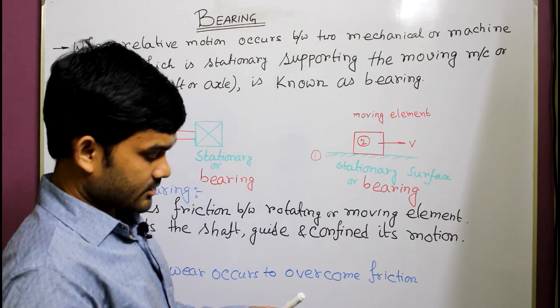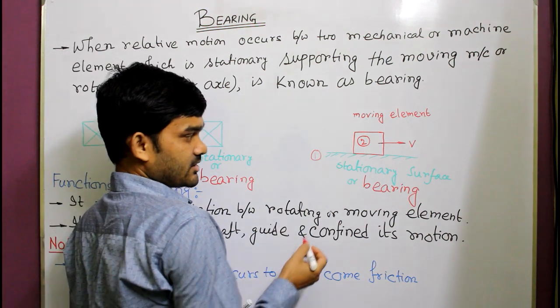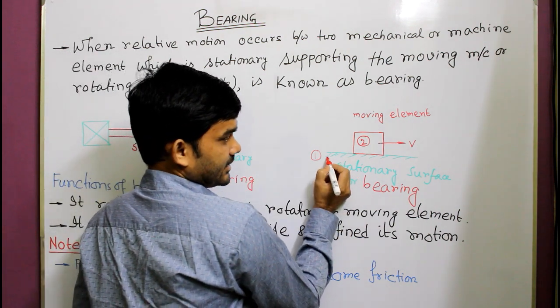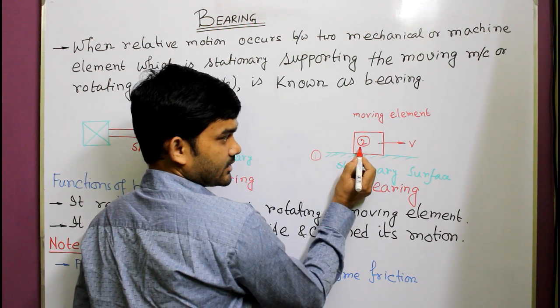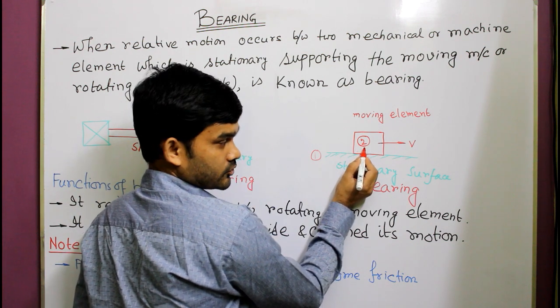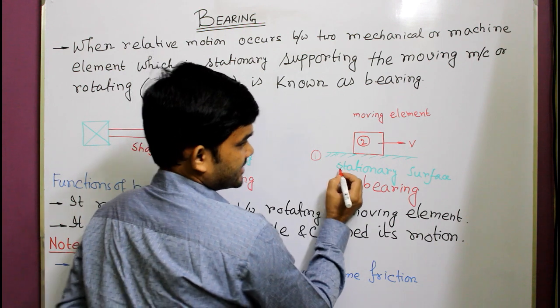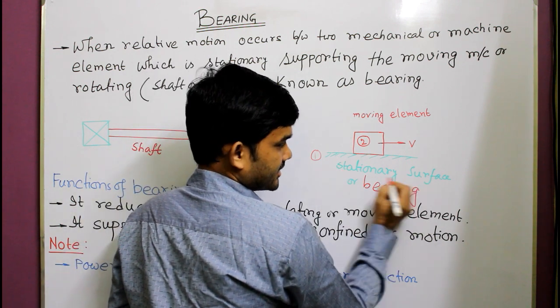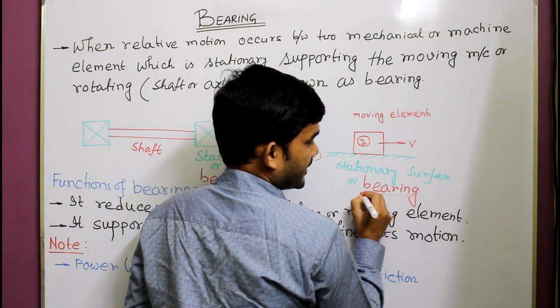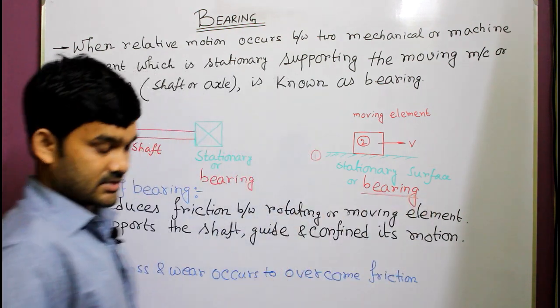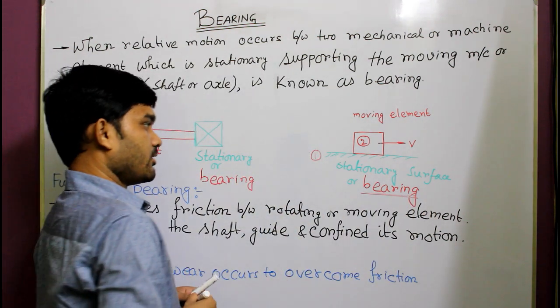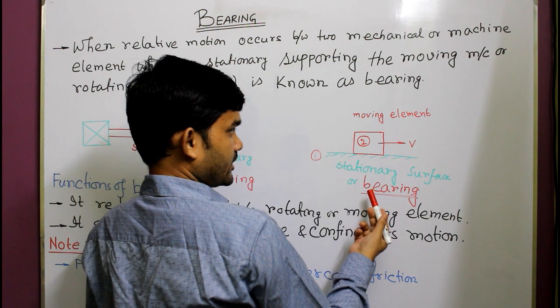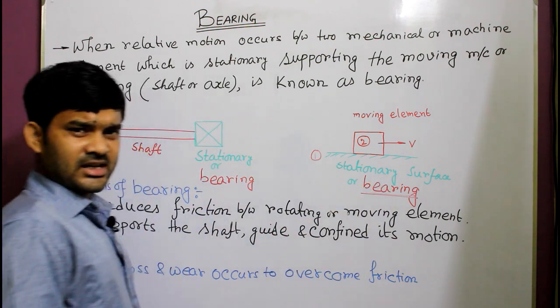According to the definition, element 1 is supporting the moving element. So this stationary surface or element is known as the bearing in this case, where the relative motion is linear.